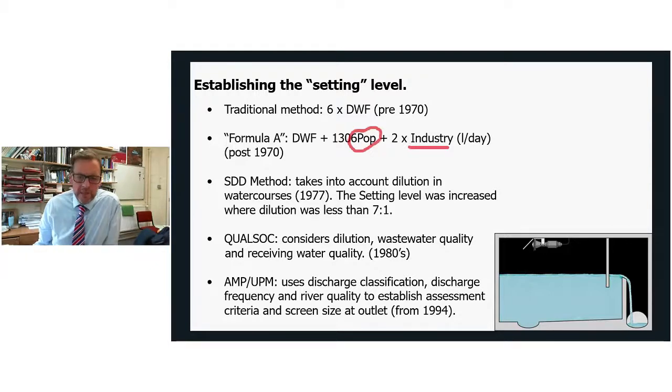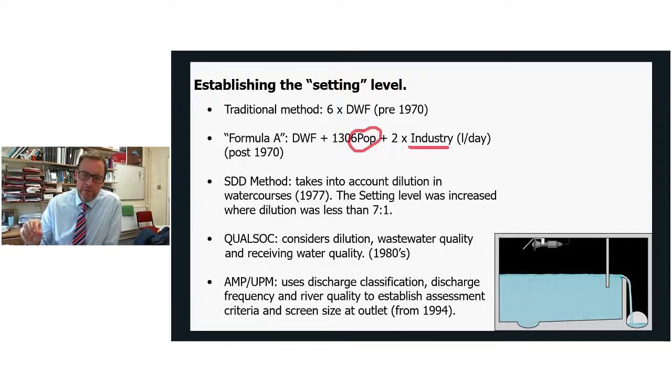Then in 1977, the SDD method came along, and this took account of dilution in watercourses. What this was about was it recognised that there was too much focus on what was happening in the network and the catchment, and using that to decide what was going to go in the watercourse.